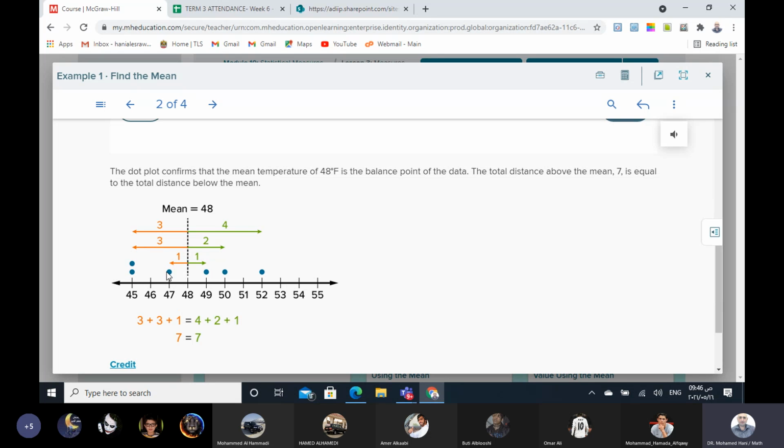At 47 just 1, 49 just 1, 50 just 1, 52 just 1. So the mean is the middle between them. This is the center of the measure.